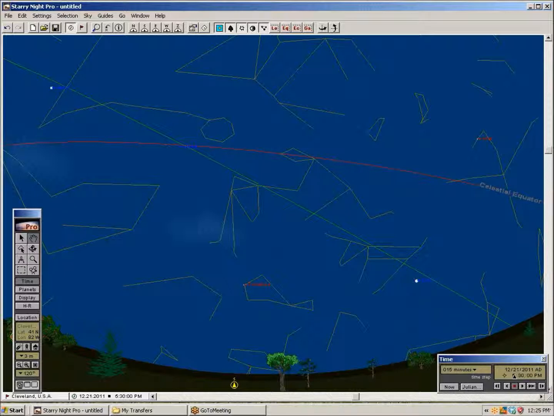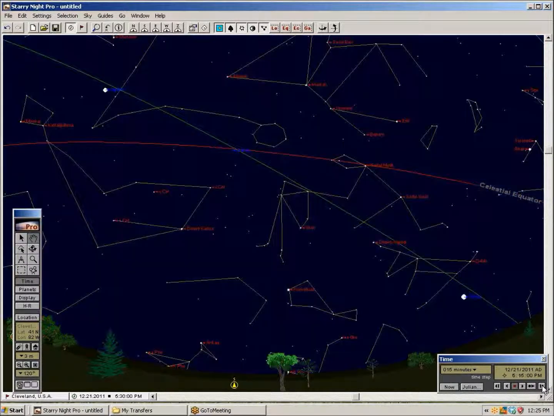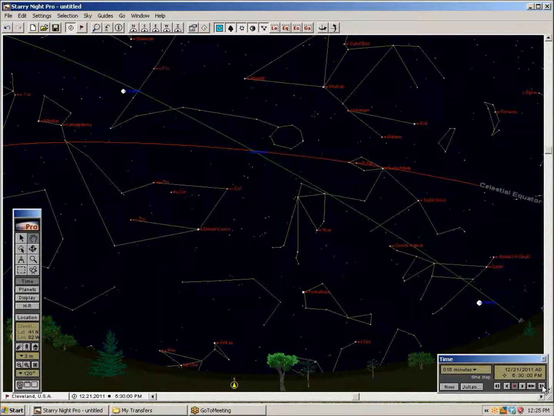I'm going to advance this a bit so we can watch Venus's movement with some more stars in the sky. Okay, here's 6:30. And let's watch Venus move through the constellation of Capricorn.